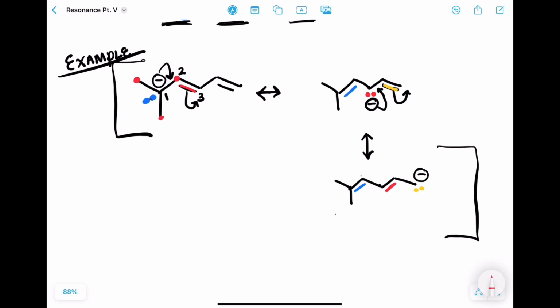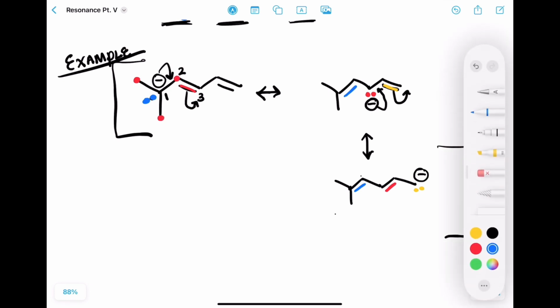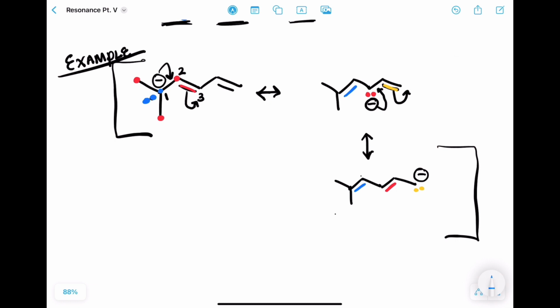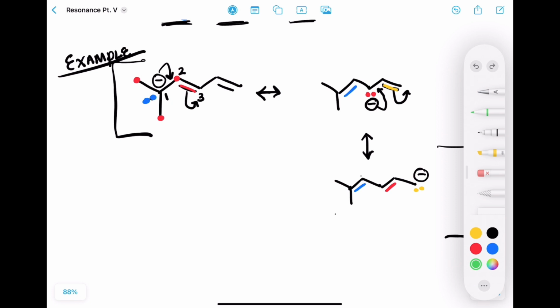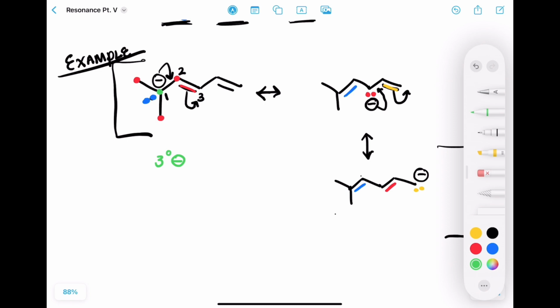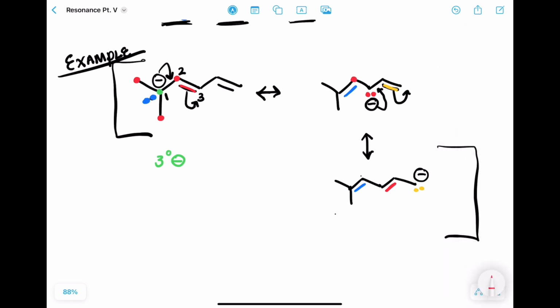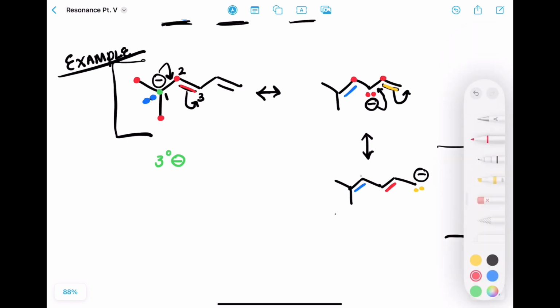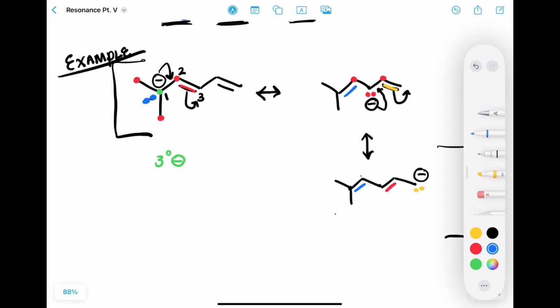Now we have a tertiary carbon, and I might go with green here, the central carbon. So this central carbon is tertiary, but it's a tertiary anion, right? So it would be a carbanion, right? And so the structure to the upper right has two carbons surrounding it, and I will put it in blue.